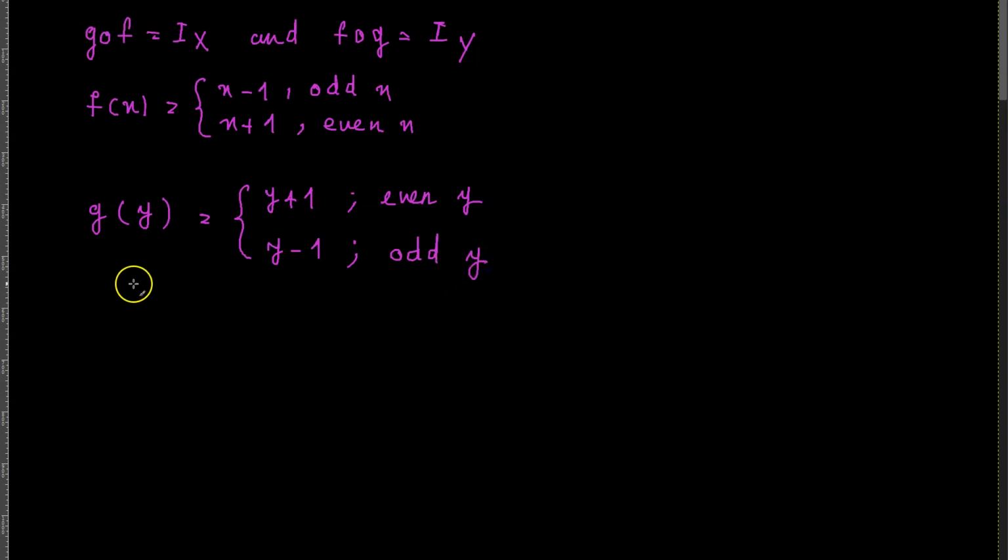Now g∘f here is the same thing as g of f of x. You can see that g has two clauses. It has one clause for even y's and one clause for odd y's.